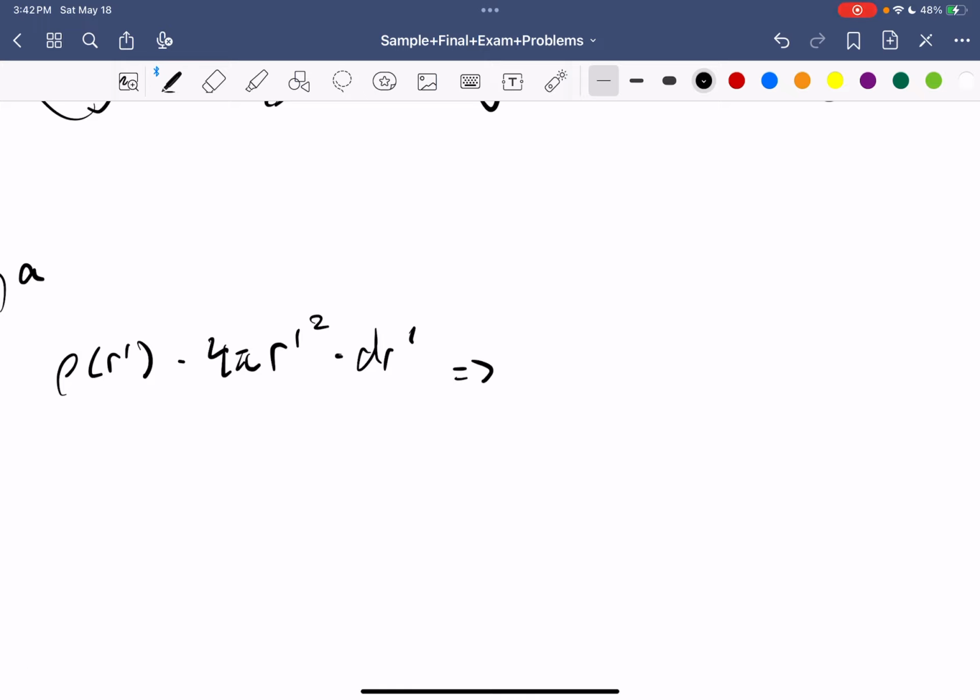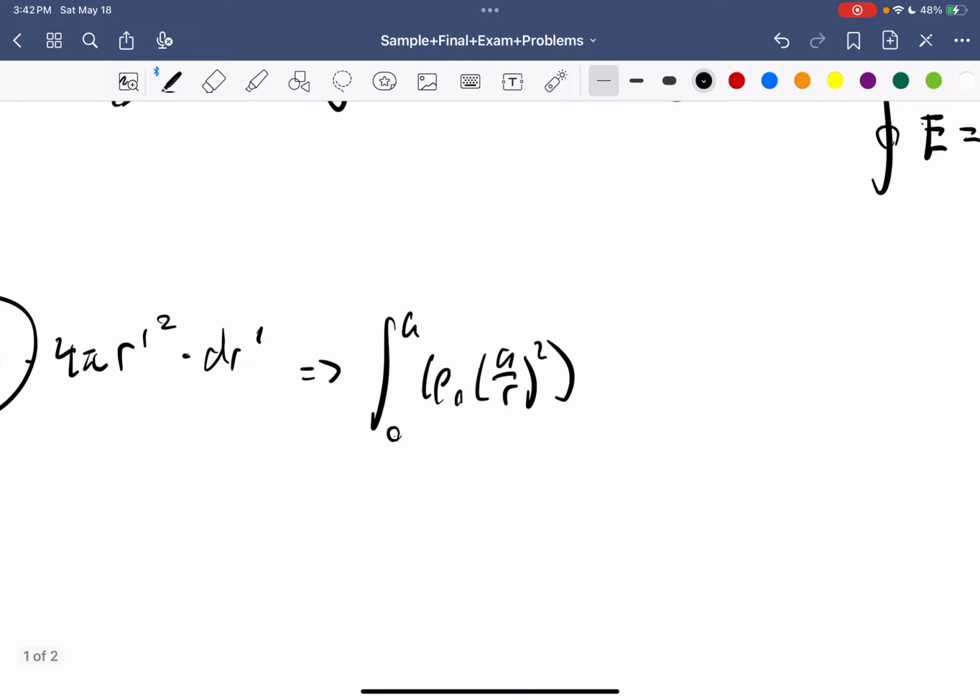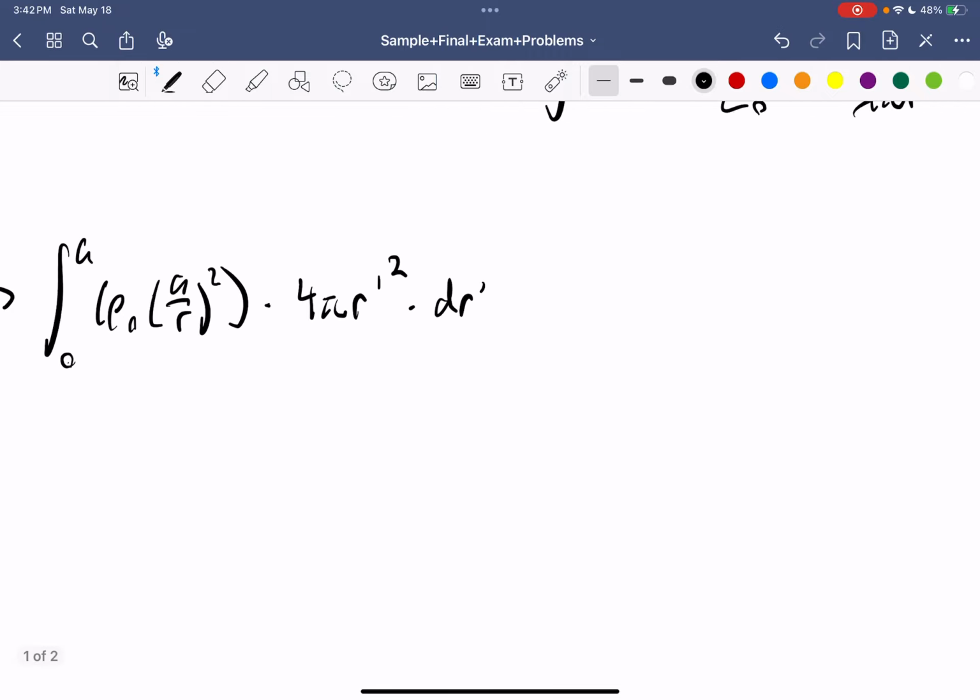Now let's substitute this. This is going to be rho sub naught a over r prime squared times 4 pi r prime squared times dr prime.